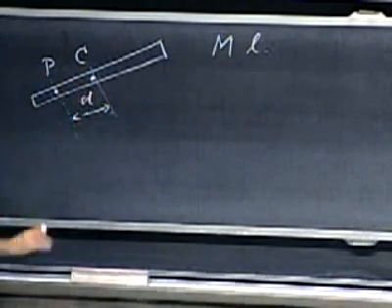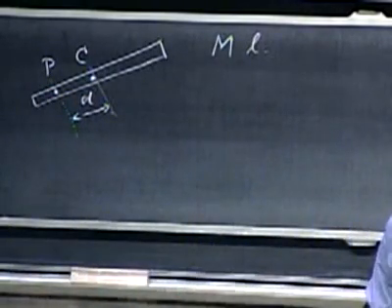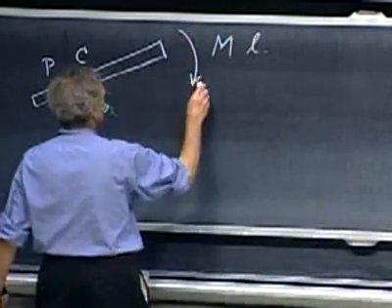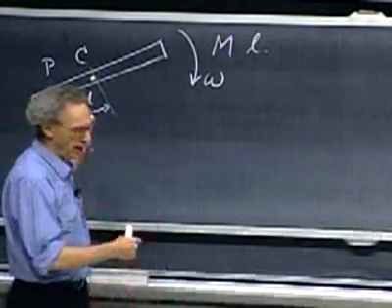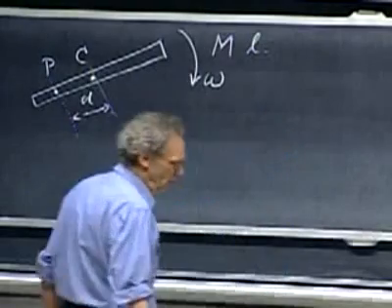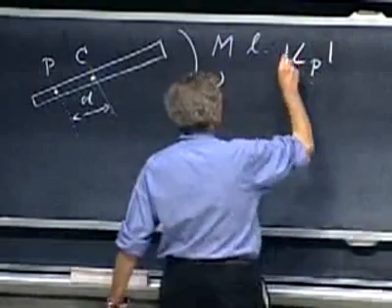Think of this as a horizontal frictionless plane, and I'm rotating it with an angular velocity. Let's say we rotate it in this direction, forced about that point P. I put a pin in there perpendicular to the blackboard, and I rotate it. I'd like to know what the magnitude is of the angular momentum relative to point P.